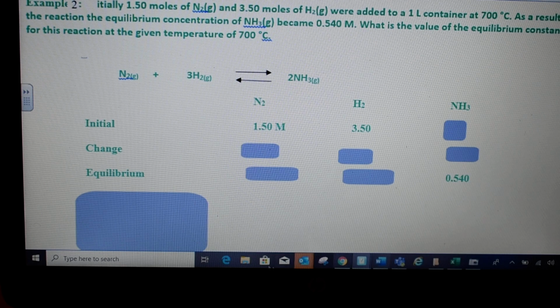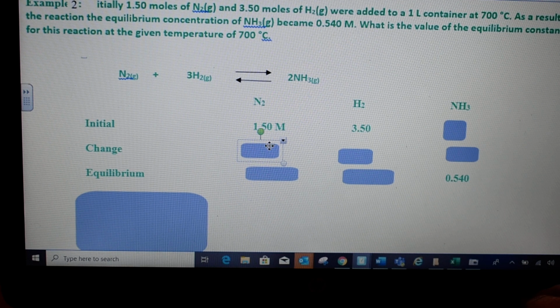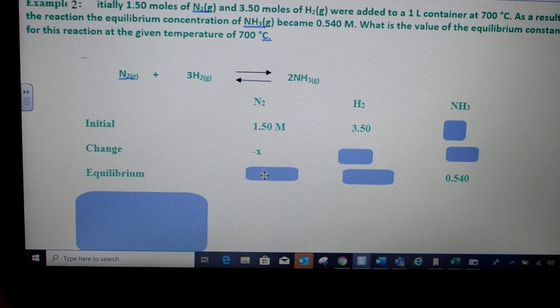All right, now remember, we're going to assume for now that the equilibrium is shifting to the right, and so therefore we're losing reactants. So these 2 reactants are going to go down, and the product is going to go up. By how much? Well, remember I told you to look at coefficients. So the coefficient in front of the N2 is 1, so it's down by 1x.